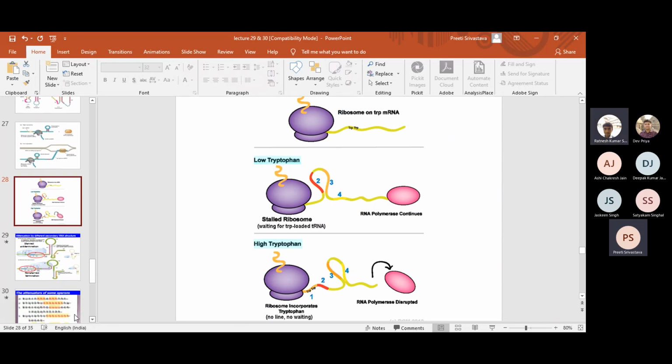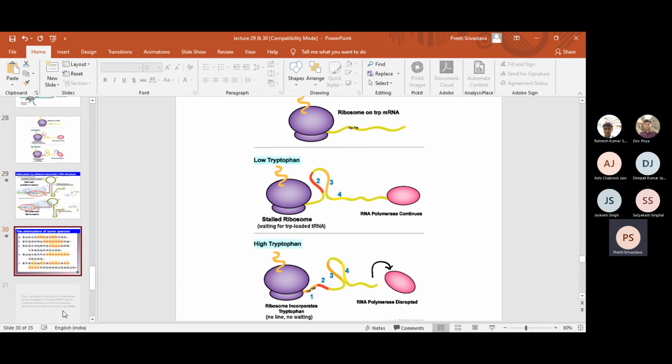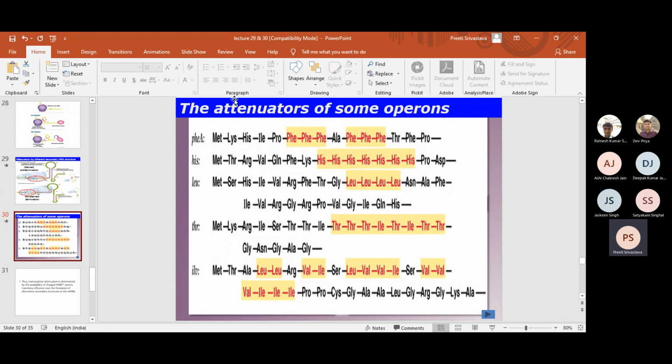In such a biosynthesis operon, the two codons of tryptophan are called attenuators, and such attenuators are found in many operons. For example, in phenylalanine you have 6 copies of phenylalanine. In histidine you have, for example, 7 copies of histidine. In leucine you have 4 copies of leucine.